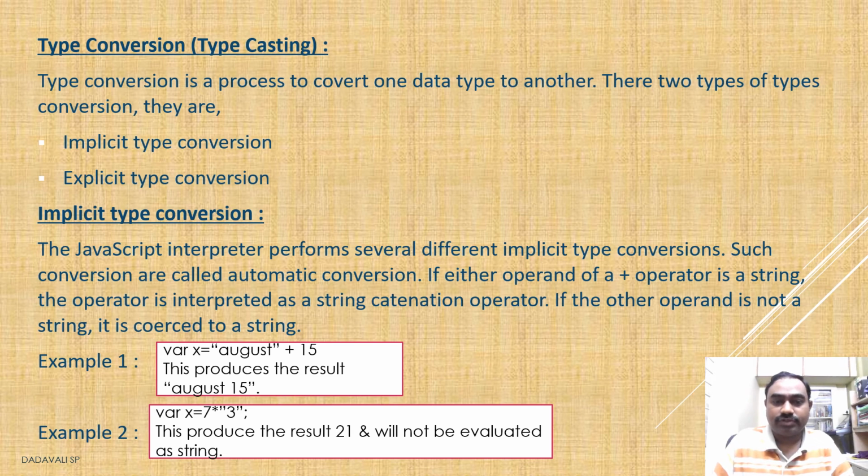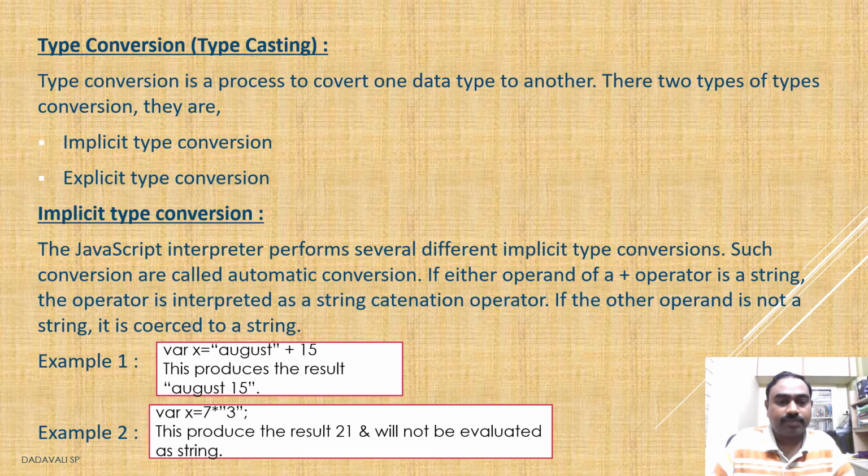This produces the result August 15. So 15 is considered a string, and automatically it is converted into a string. So the result is August 15 within double quotes, which indicates a string.